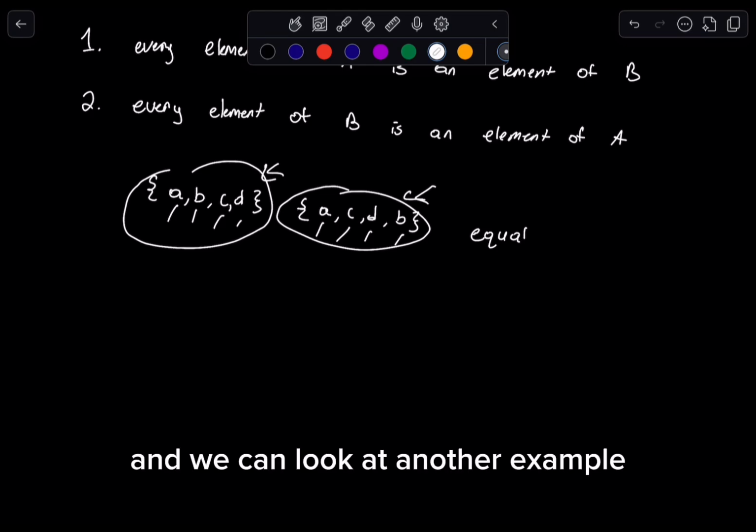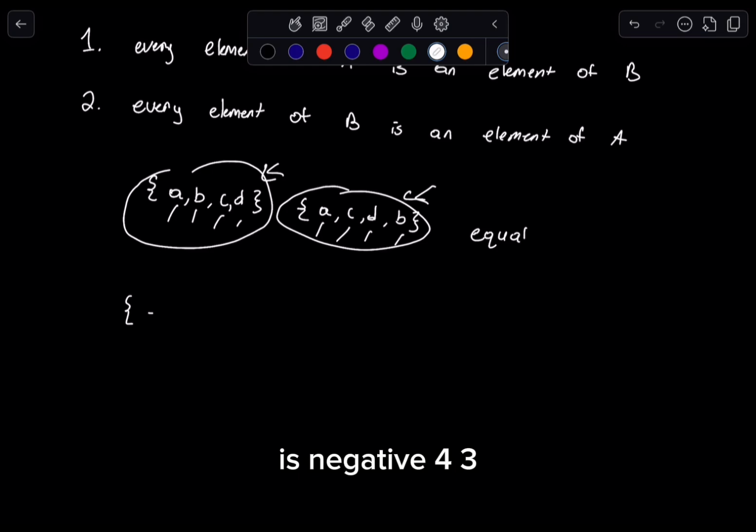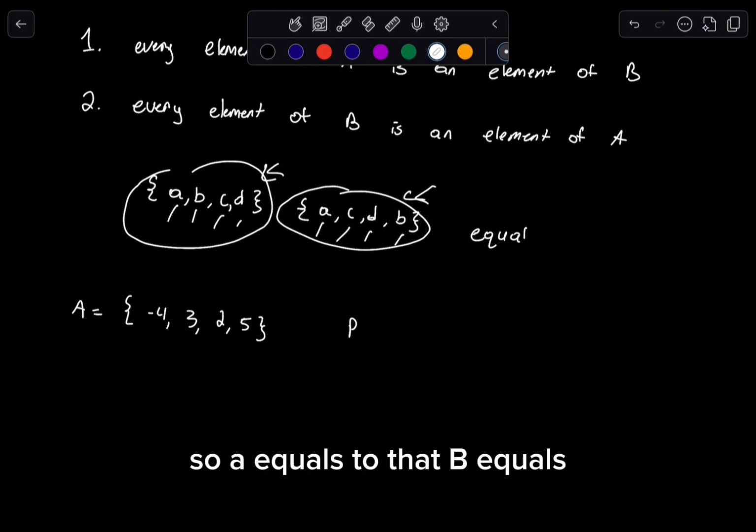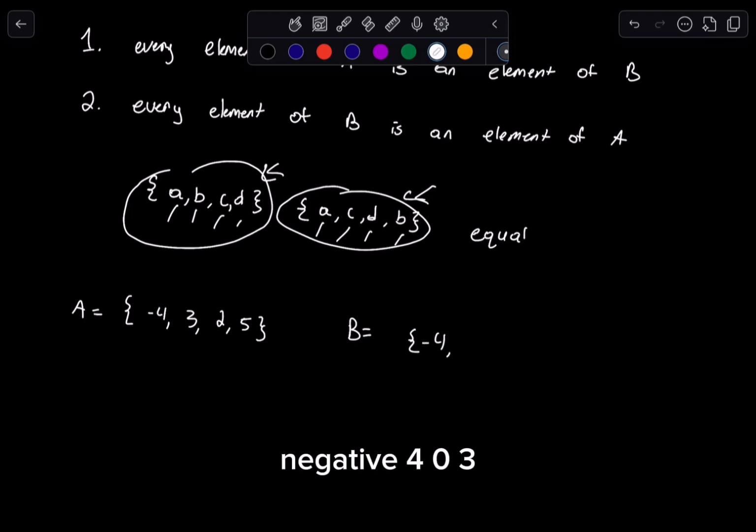And we can look at another example: A equals -4, 3, 2, 5. B equals -4, 0, 3, 2, 5.